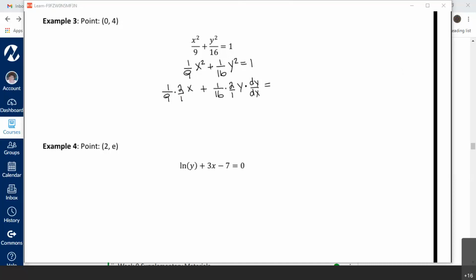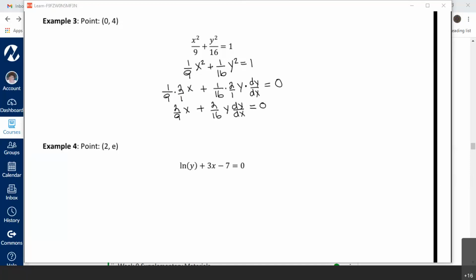Don't try to do the algebra as you're doing the calculus. Just do the calculus and come back and fix it. Simplify it. The derivative of 1 is 0. So here's what I've got: 2/9 x plus 2/16 y dy dx equals 0.